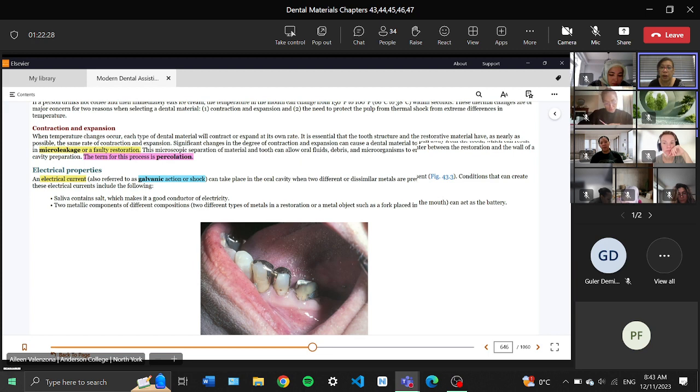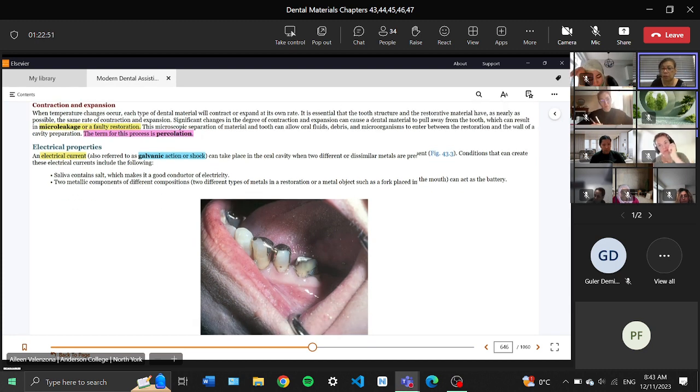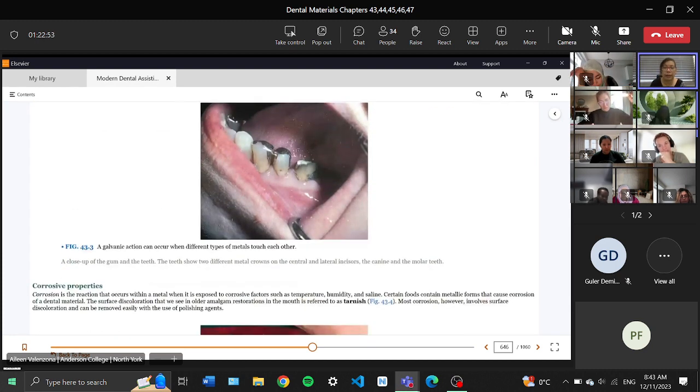We call it galvanic shock or electric current shock or action. Saliva also contains salt, which makes it a good conductor of electricity. Metallic components of different compositions, different types of metals in a restoration, or a metal object such as a fork placed in the mouth can act as a battery. So meaning it might give you some thermal shock or galvanic shock.